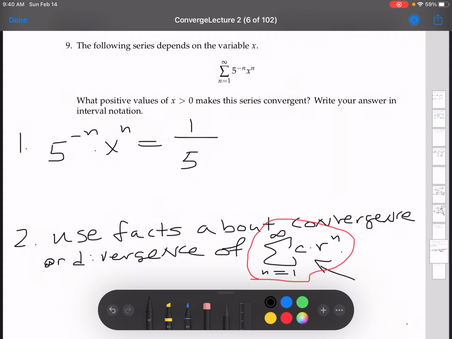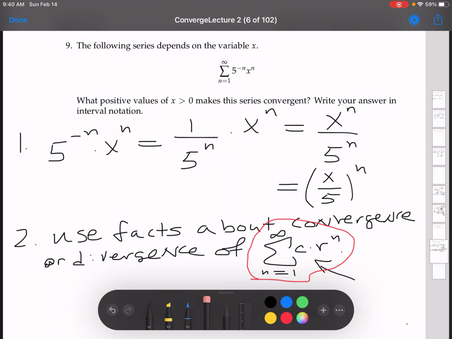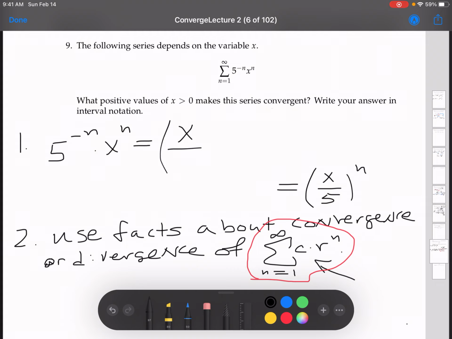This is 5 to the negative n times x to the n, which is x to the n over 5 to the n, which is equal to, now think of rules of exponents, x over 5 to the n. Okay, so that's our first step there. Let me just write this up here. This is equal to x over 5 to the n.